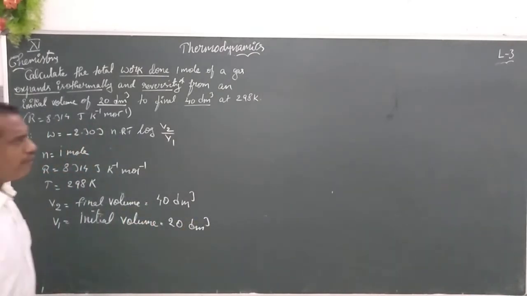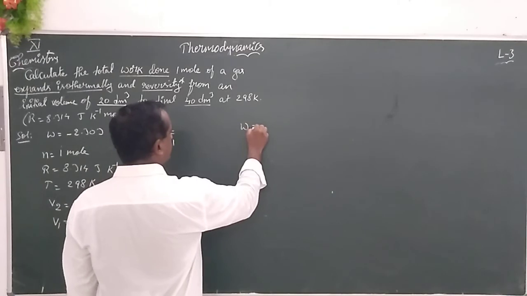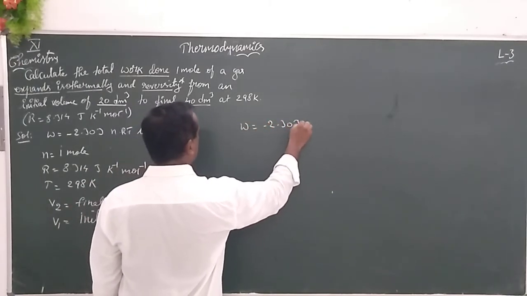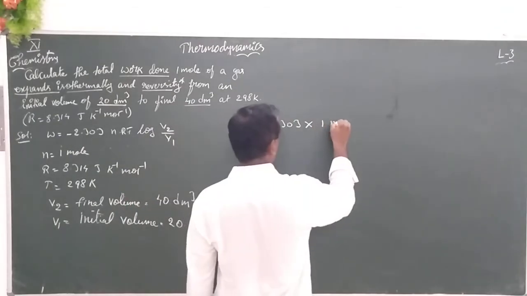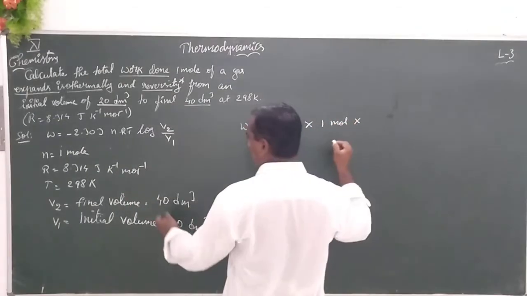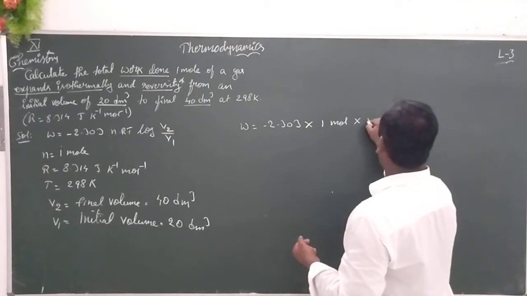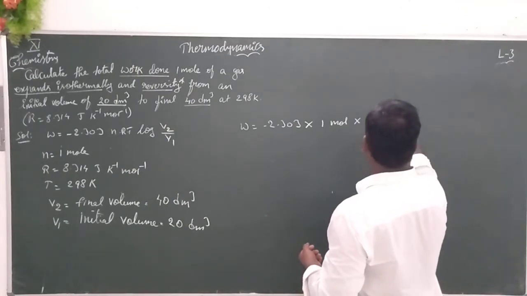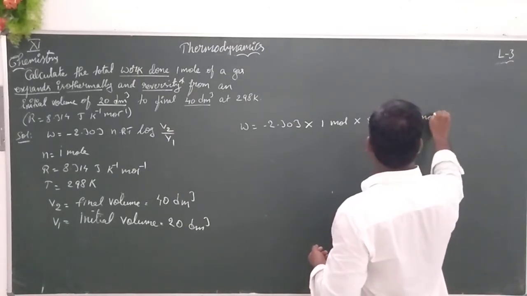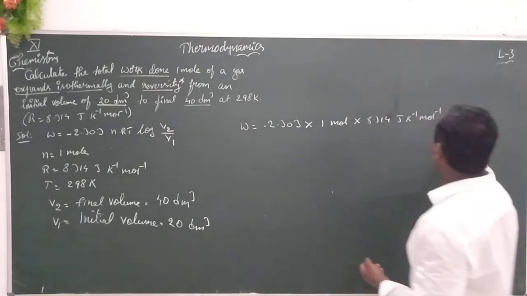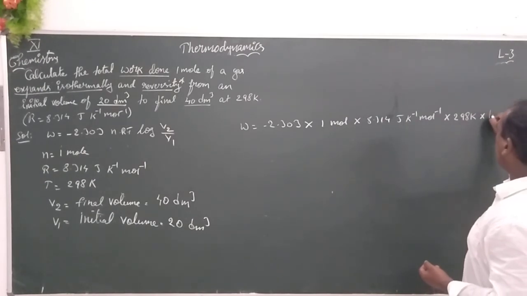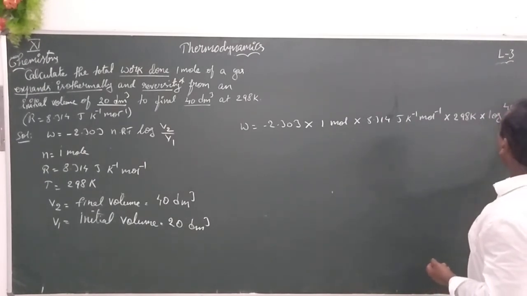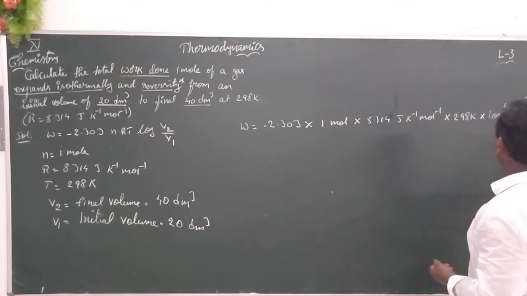So substituting all these values into work done, we get W is equal to minus 2.303 into n value 1 mole into R value 8.314 joule Kelvin inverse mole inverse into temperature 298 Kelvin into log 40 cubic decimeter upon 20 cubic decimeter.